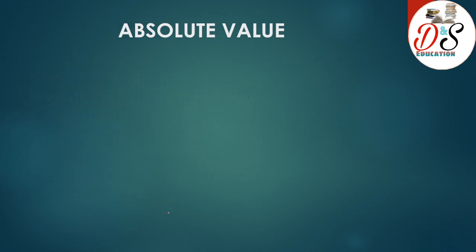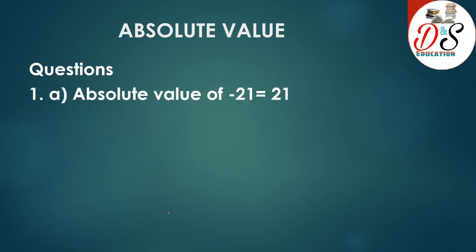Now moving on, we have some questions. Let's discuss these questions one by one. The first question is the absolute value of -21. I told you earlier what you have to do. You have to put 21 in the bar, and after we remove this symbol, we get +21 as our absolute value.